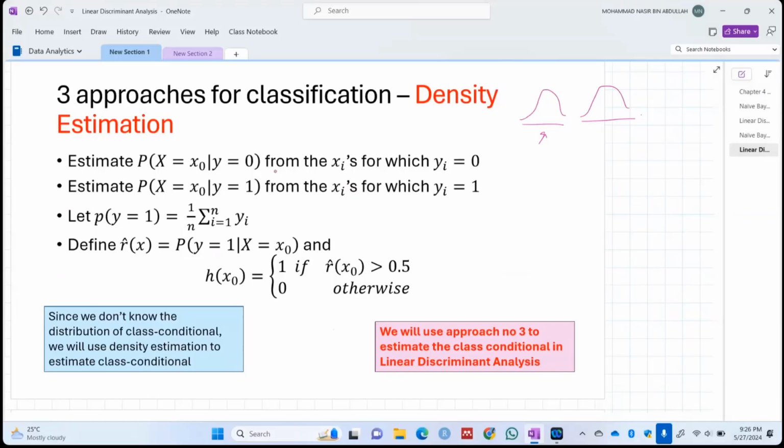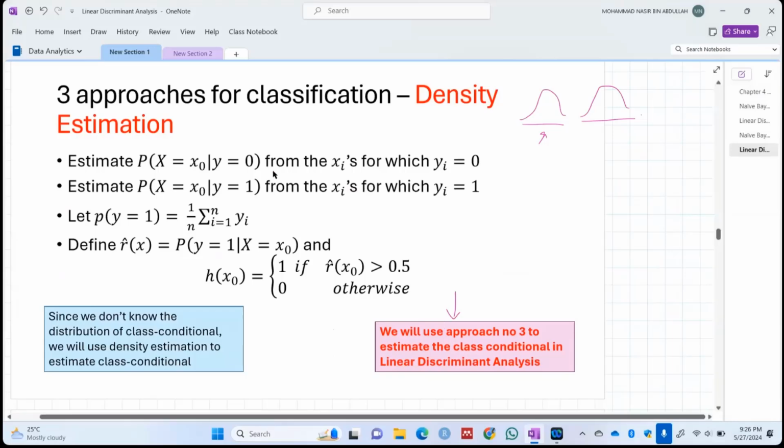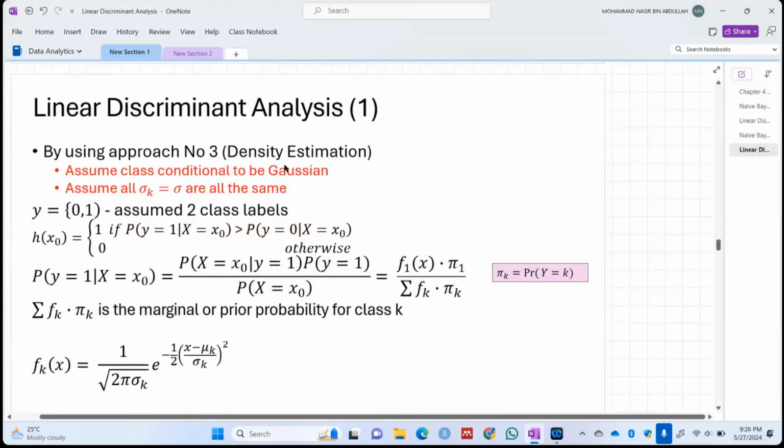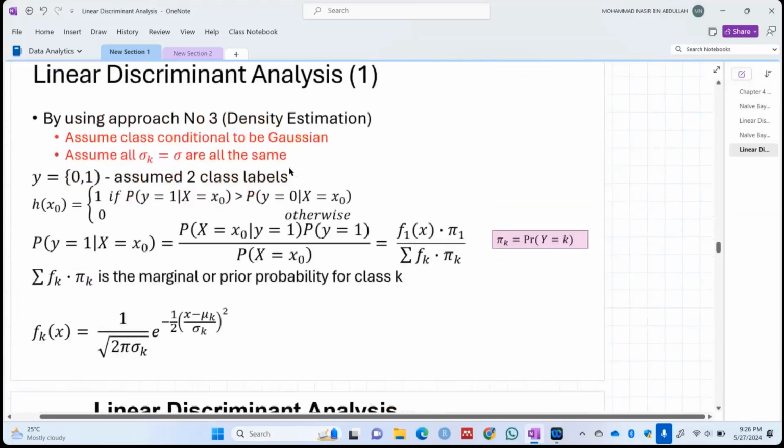Linear discriminant analysis uses the third approach, where we compare the probability values. But in this case, we're not going to compare the probability value straight away. We're going to compare using the discriminant score, which is a delta value. This is based on Bayes theorem.